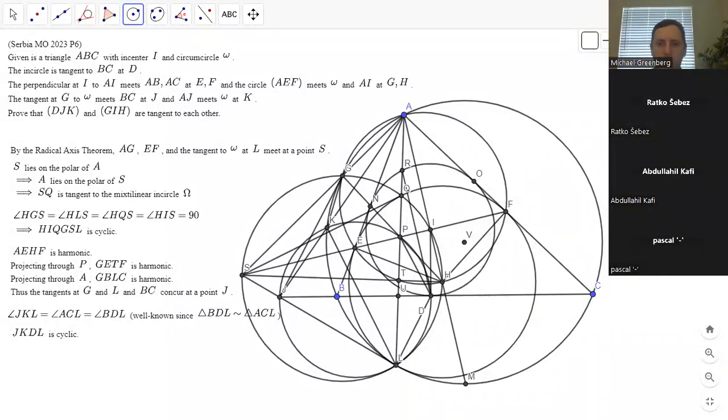So AGH is 90, right? So yeah, APG is 90 minus GAP. And we could probably angle chase that in terms of angle GJL.